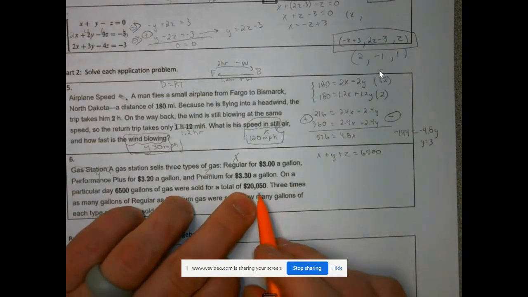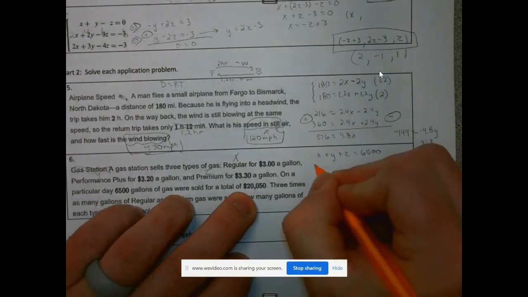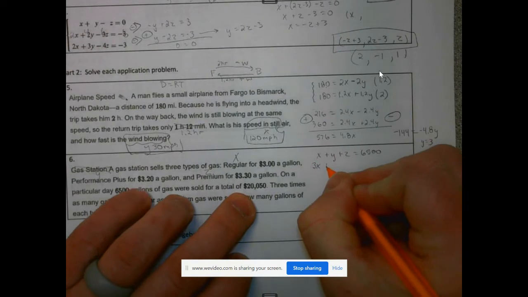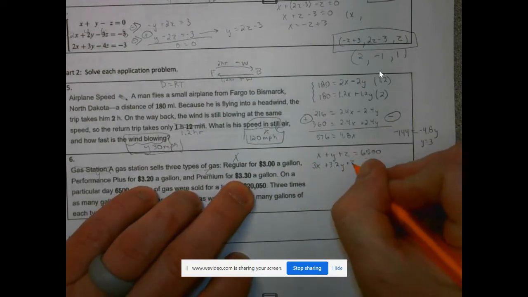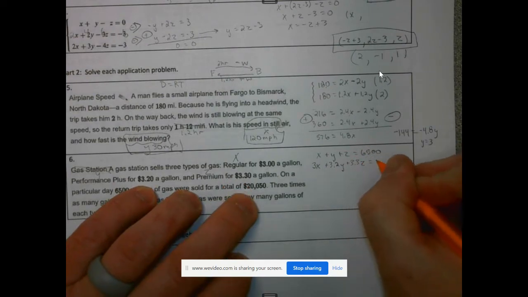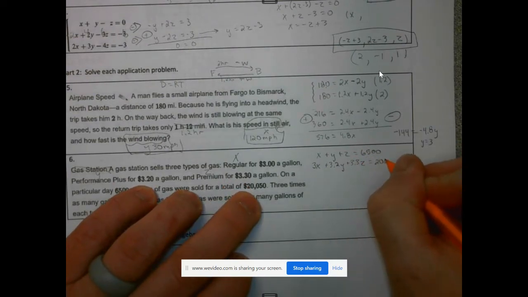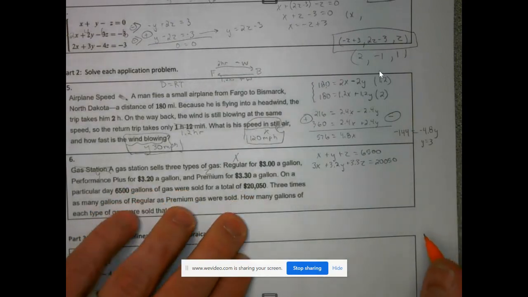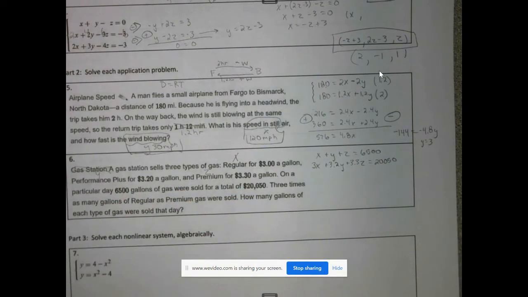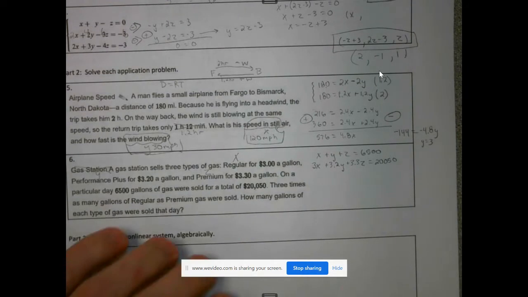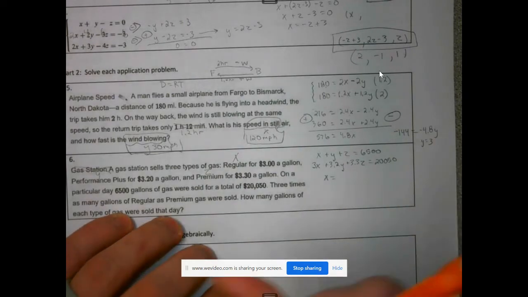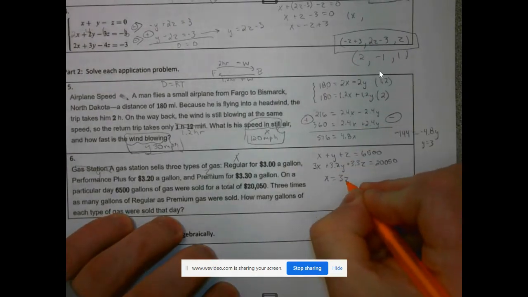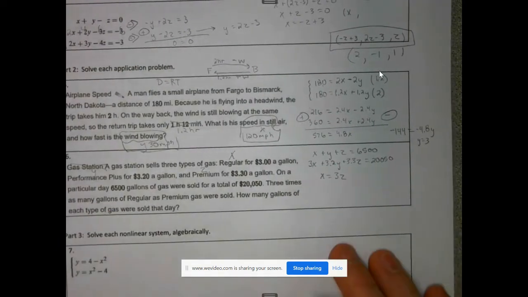And it was a total of $20,050. So that's 3 times X plus 3.2 times Y plus 3.3 Z equals 20,050. 3 times as many gallons of regular as premium gas are sold. So regular, which was X, equals 3 times the premium, so 3Z. How many gallons of each gas were sold?